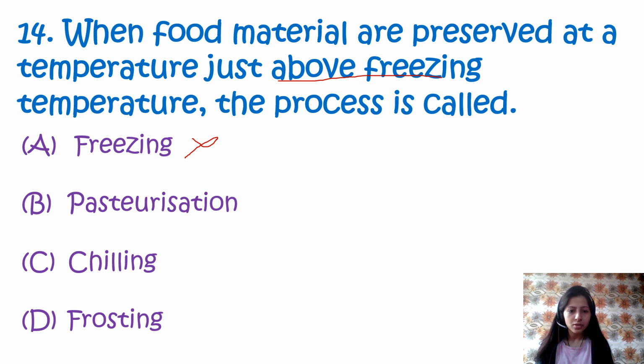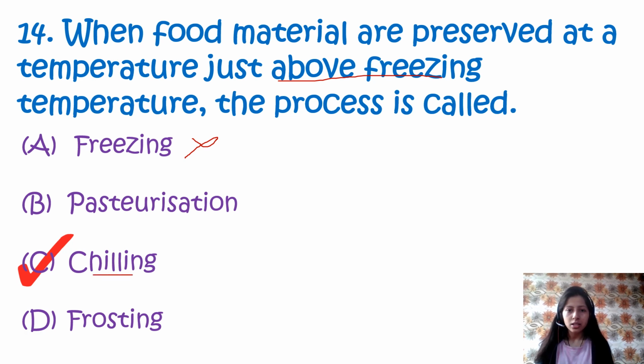Option C chilling. So chilling, it's actually the correct answer. So when food materials are preserved at a temperature just above freezing temperature, the process is known as chilling. Whereas frosting क्या होता है?